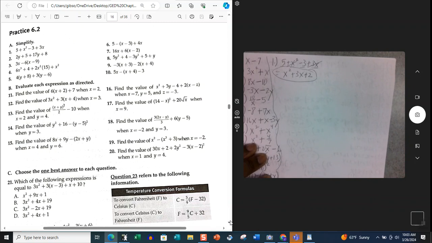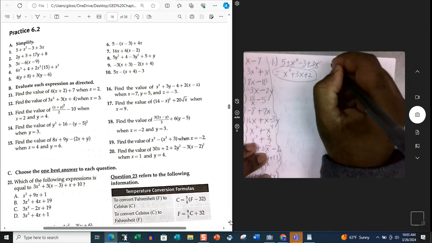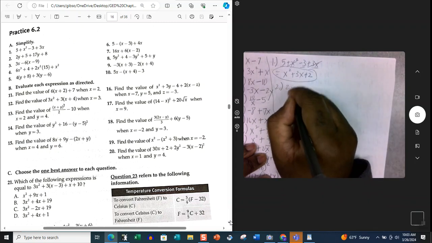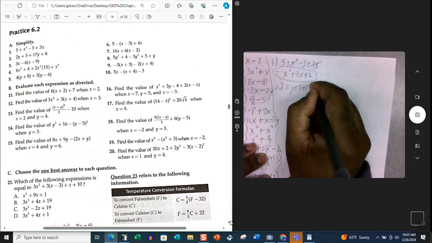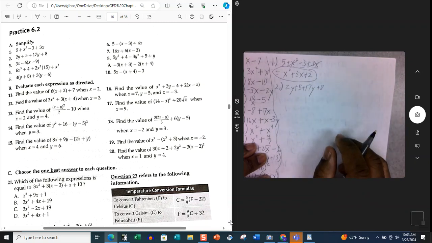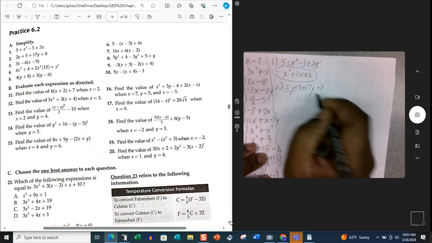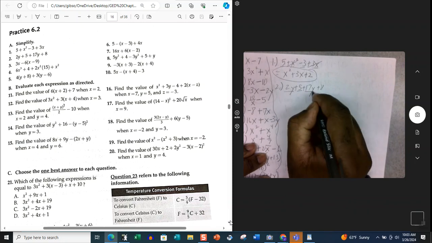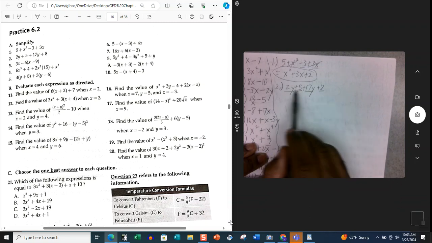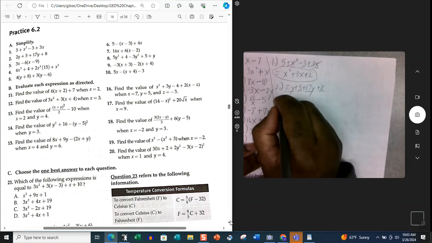So you combine the like terms. Number 2, we have 2y plus 5 plus 17y plus 8. Again, this is one term, this is a second term, third term, fourth term. This is all separated by addition. So it's 4 terms here.